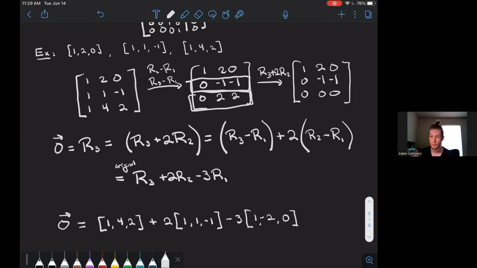This is a lot of work, but the point is, by doing elementary row operations to a bunch of row vectors that were handed to you originally, if at the very end of the process you ended up with a row of all zeros, then you just have to backtrack through what you did.